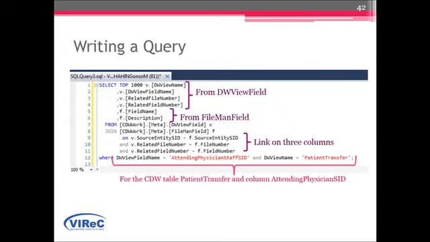And my search terms are going to be from what I was looking at in the CDW, the column called attending physician staff SID, which was my foreign key, and my view name, which was patient transfer from impact patient transfer.